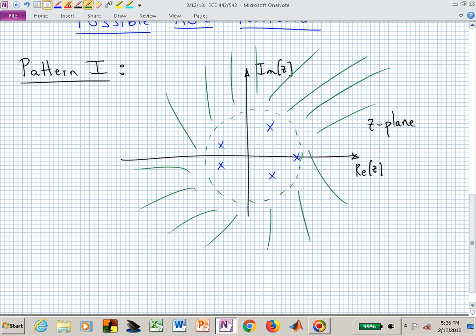And I'm going to call this region of convergence unbounded region of convergence with a central void. The center has been cut out of this z-plane. That's my central void. What's not in that dashed circle is not part of the region of convergence.